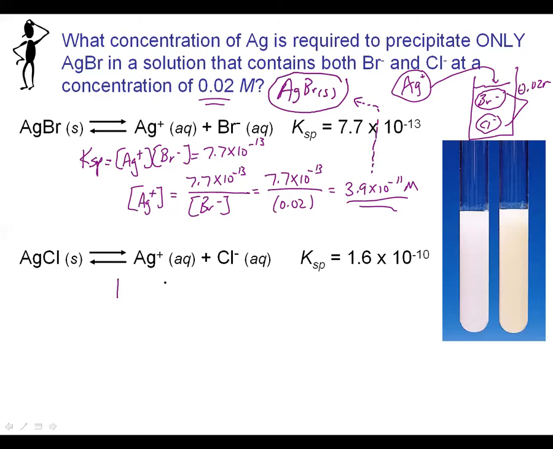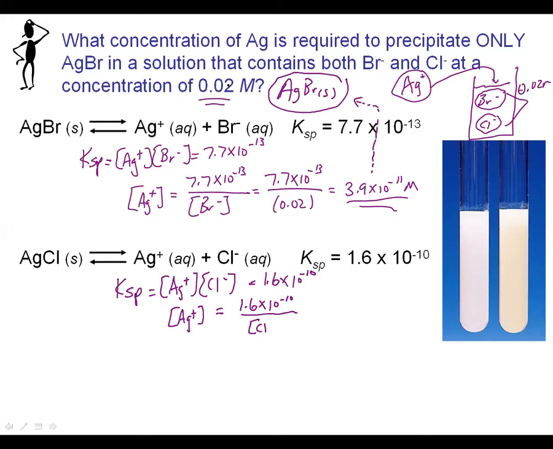And our KSP for our silver chloride would be our silver times our chloride equals 1.6 times 10 to the minus 10. Same idea here. We're going to solve for the silver concentration that's needed to precipitate out our silver chloride by rearranging our KSP expression.